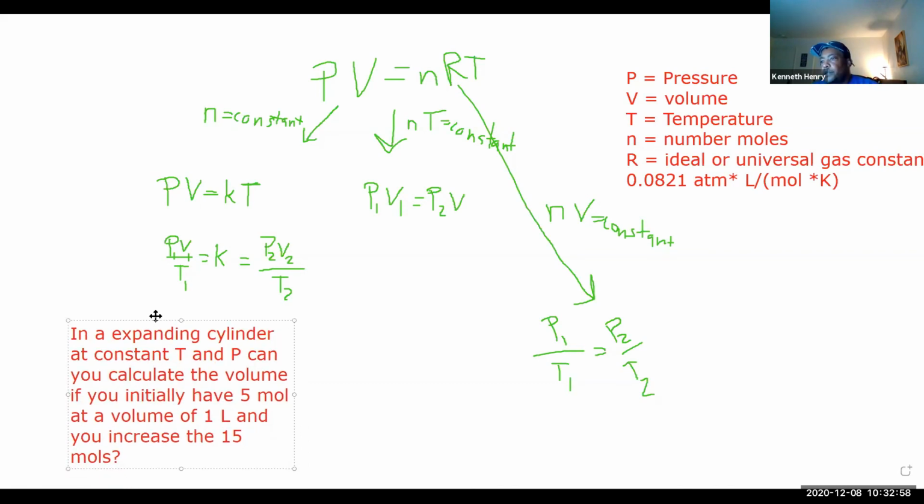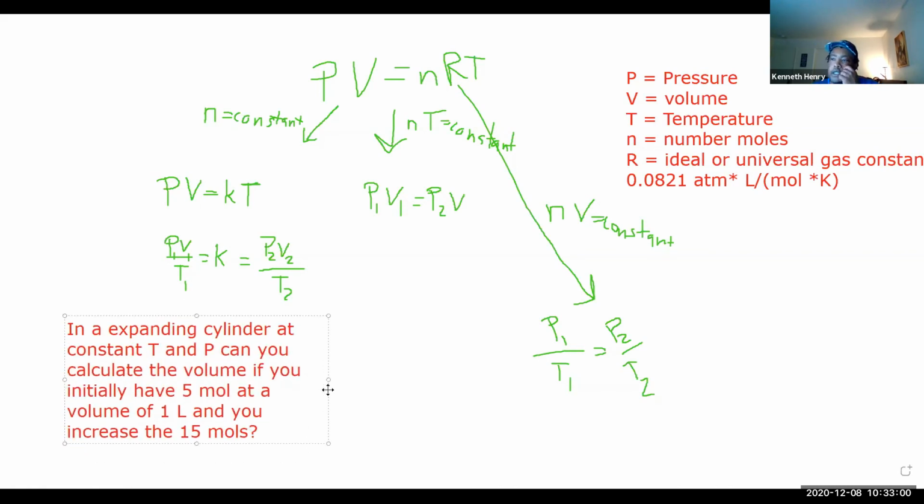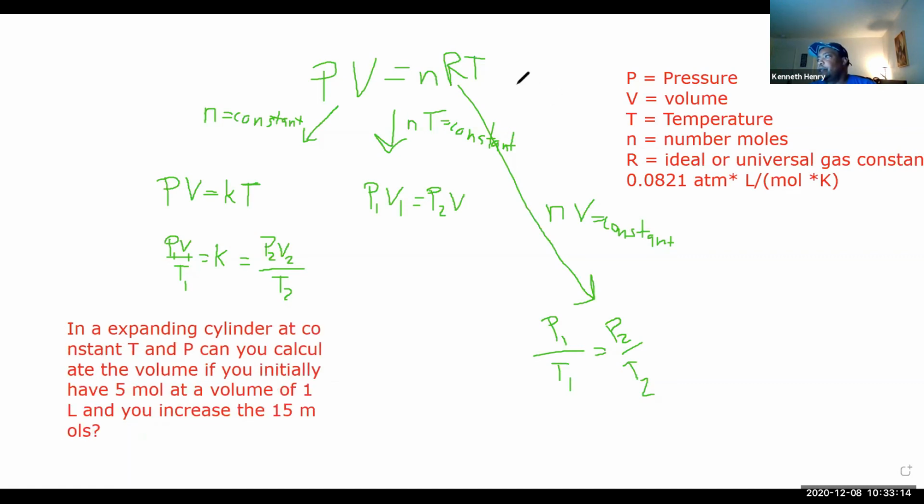Okay, so here this is basically telling us that we have constant temperature and pressure. So we're not going to worry about temperature and pressure. All we're going to be worrying about is volume and moles. So in that case, we're going to have this equation: V1 over N1 equals V2 over N2.